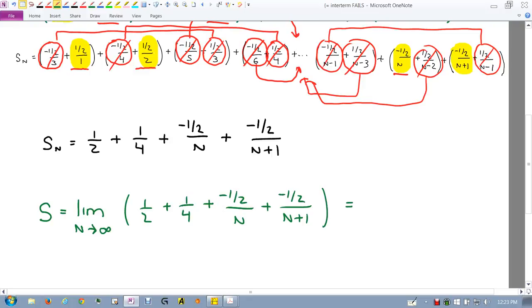And so all you're left with is 1/2 plus a 4th, which is 3/4. That's it. There's always one of these on a test, always.